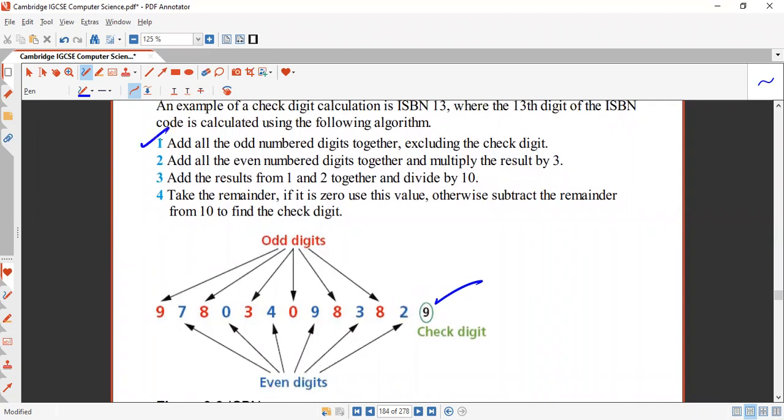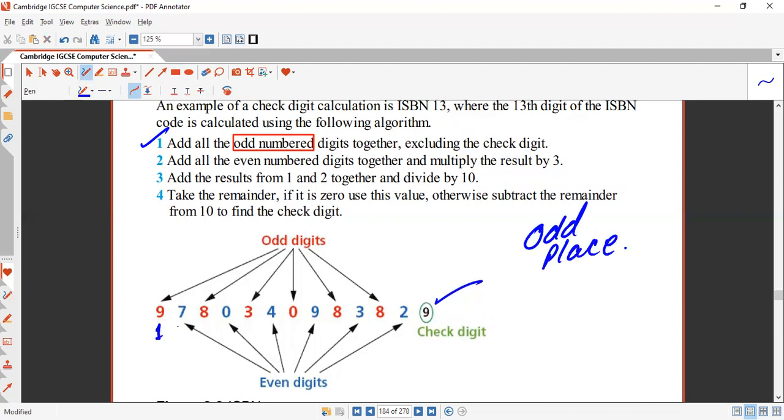Number one: add all the odd number digits together, excluding the check digit. What does that mean? Odd number means odd places, whatever number is placed on odd places.